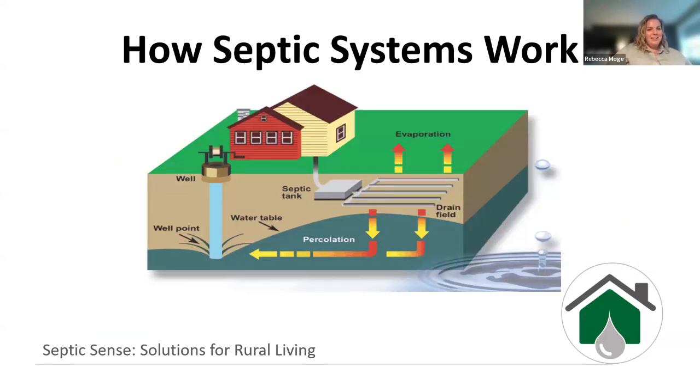So how does it all work? This is a screenshot showing the water cycle in a sense. We have your home, and from your house, your sewage or effluent goes into your septic tank. And here in this photo, we're looking at a treatment field in the soil.